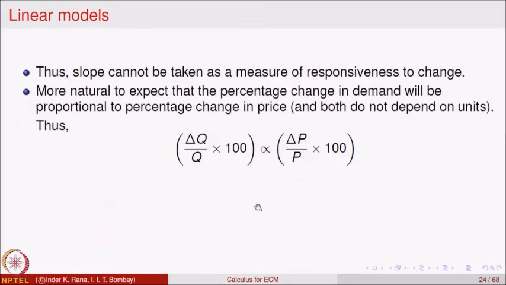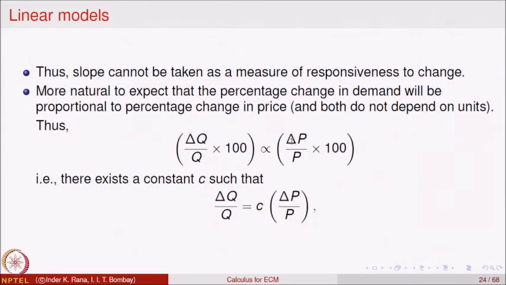That means, if we want to remove this proportionality, mathematics says there is a constant of proportionality, say C, such that delta Q by Q is equal to C times delta P by P. Then that relation will hold for that constant C, and we can calculate C from here.